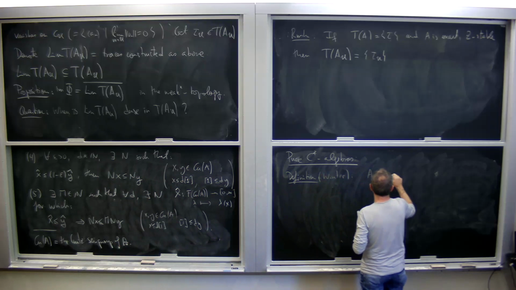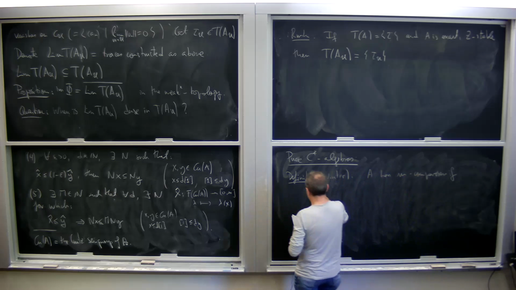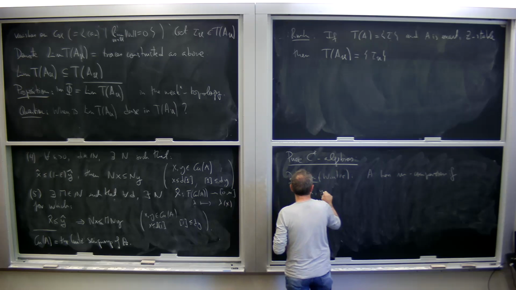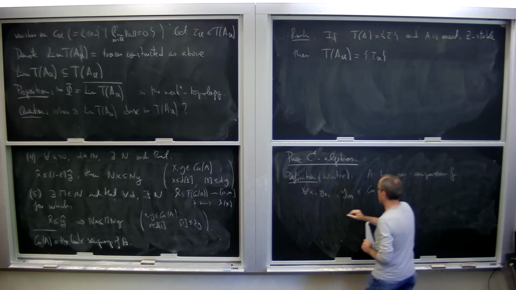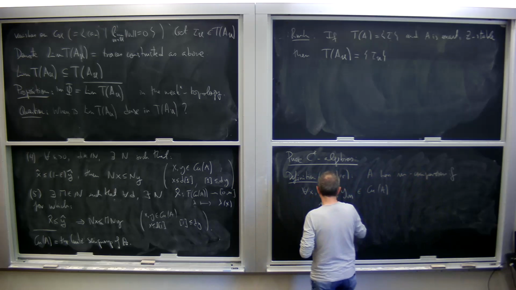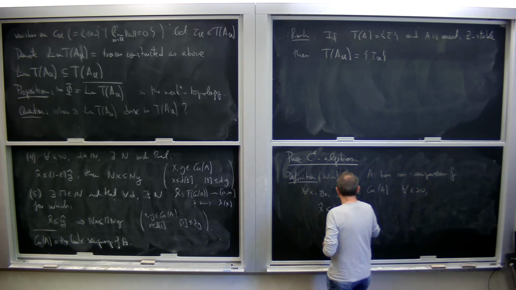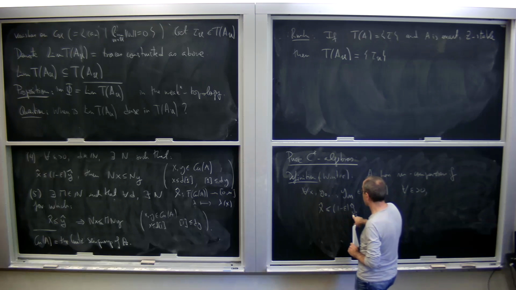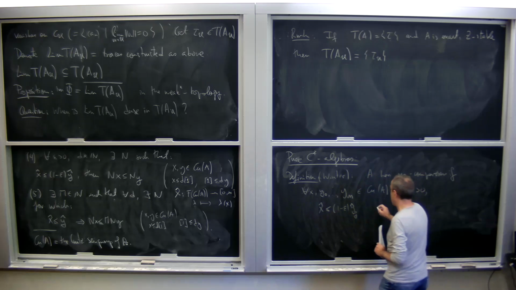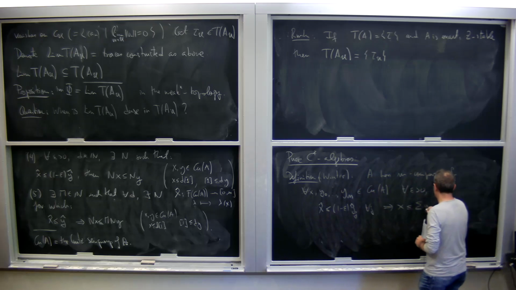We say that A has m comparison if whenever you have an element x and m plus 1 elements y_j in the Cuntz semigroup, such that x hat is less than or equal to the y_j hats for every epsilon, and x compares trivially with all the y_j's in this way, so it's almost below for all j, then this implies that x is less than or equal to the sum of the y_j's.